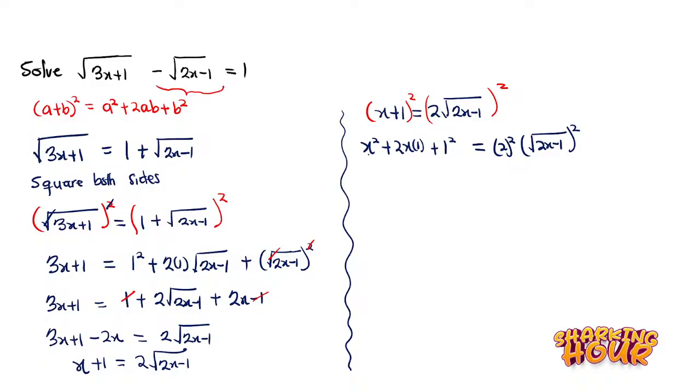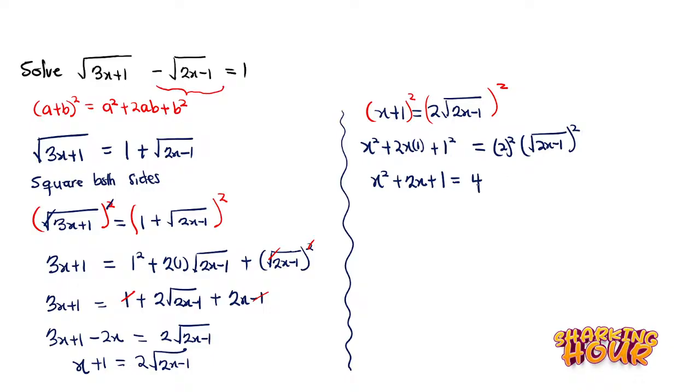So if I do that, I have here x squared plus 2 multiplied by x multiplied by 1. The 1 and the 2, if you multiply it, is just 2. So it will give me 2x over here. Plus 1 squared is also 1. And this will be equal to, then I now have on my right hand side 2 squared. 2 squared will give me 4.